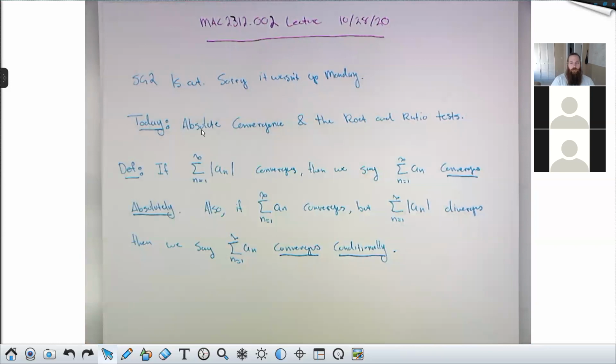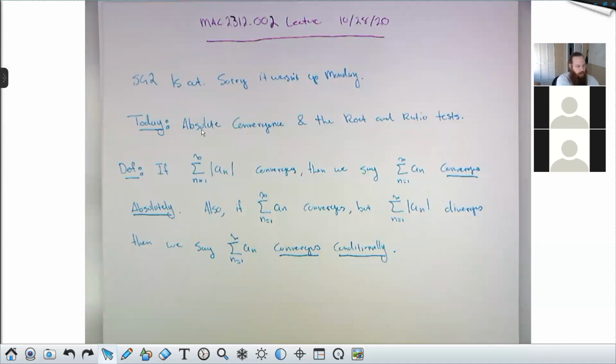So these are two different categories within the collection of all convergent series. If you have a convergent series, then it either converges absolutely or it converges conditionally.